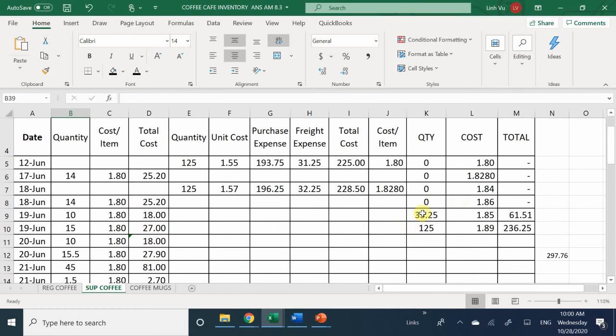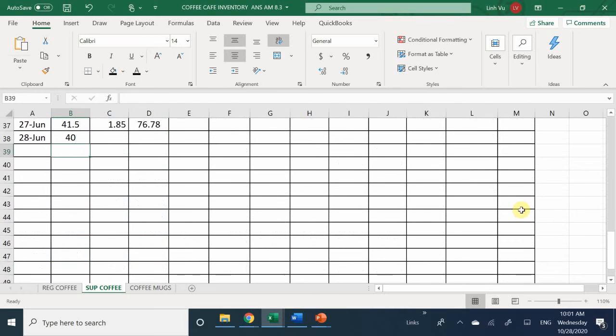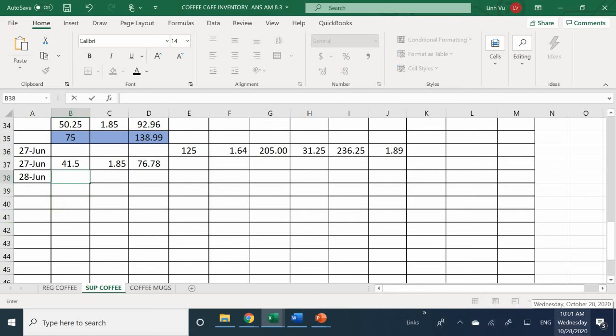We're gonna take this amount and we're gonna dip into the second amount. 33.25 is what I have. And I need to get to 40 pounds, equals this plus this.